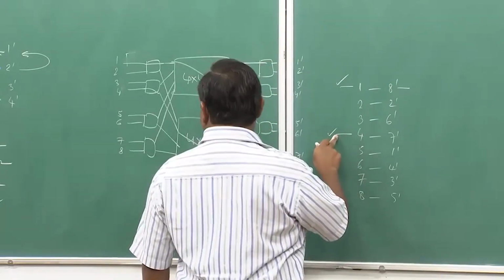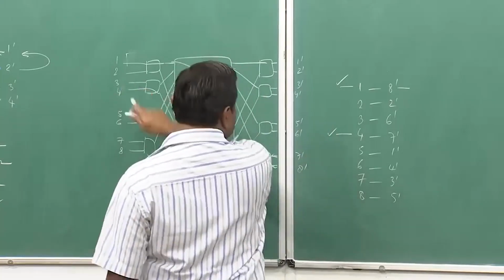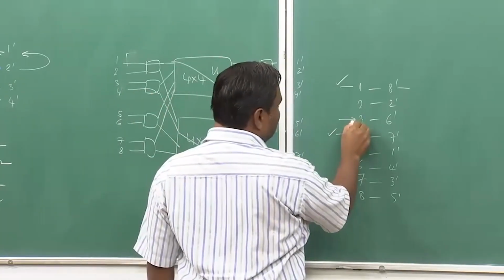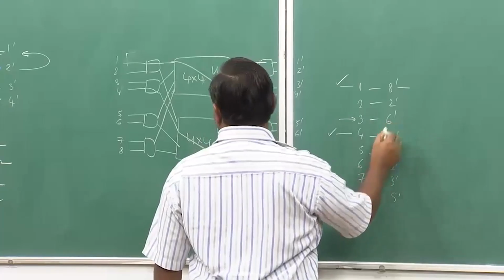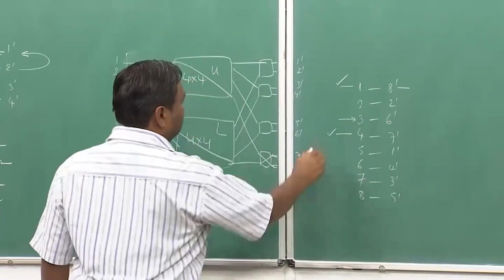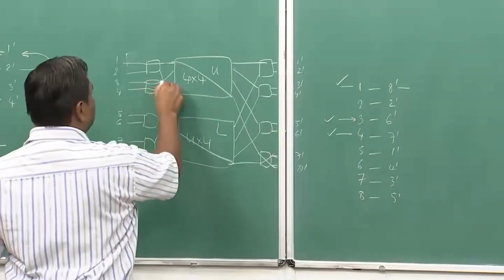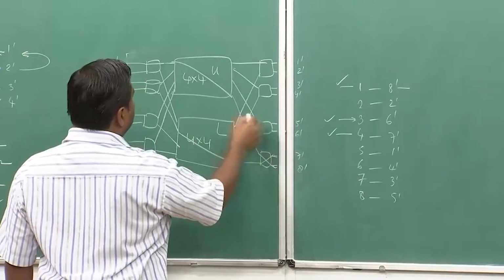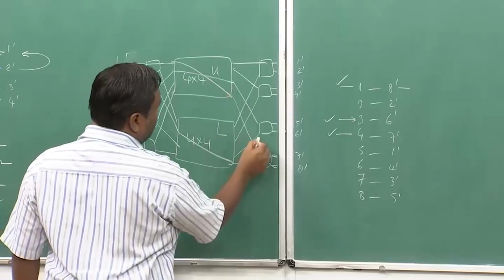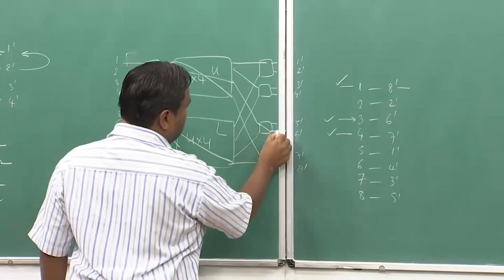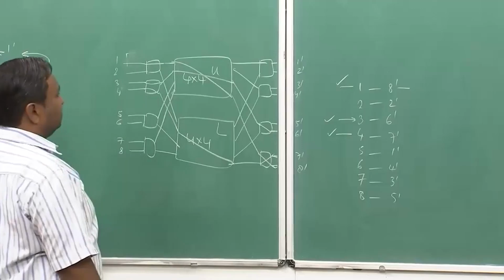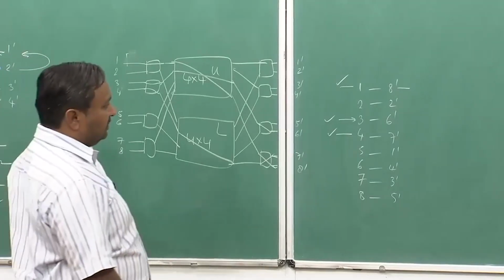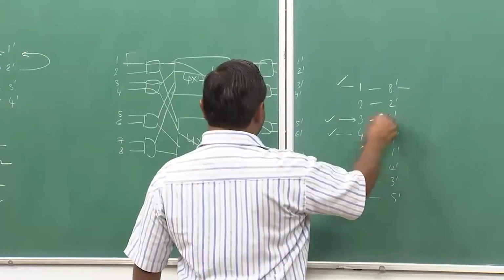Once I have come here, corresponding to 4 I have 3. So, 3 is this, 3 to 6 prime has to go from the upper one. It has to come here, and 3 to 6 prime is connected. For 6 prime the corresponding number is 5.